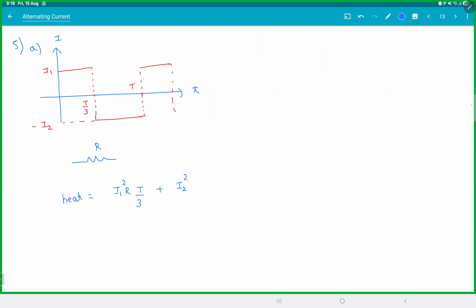This will be I2 square R for a time of 2T/3. And now you are saying you want to replace it with a single current, IRMS square into R per T. Isn't that the whole concept of RMS? There. So IRMS will be root over I1 square plus 2 I2 square by 3. Is that making sense?